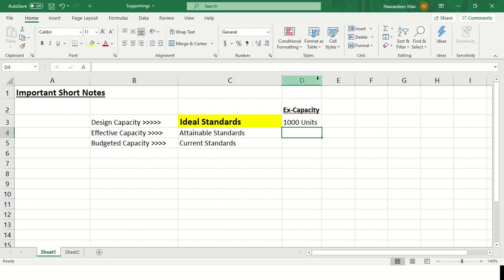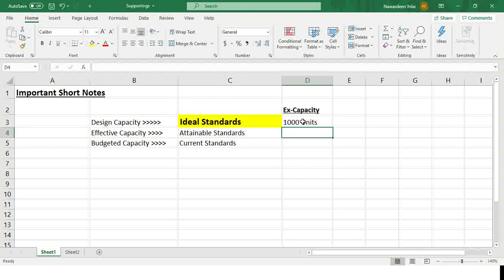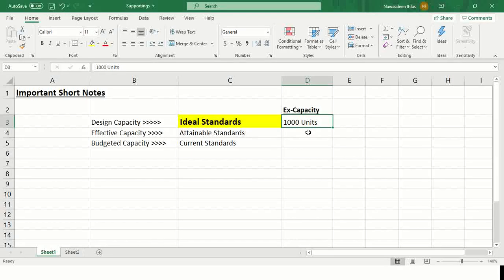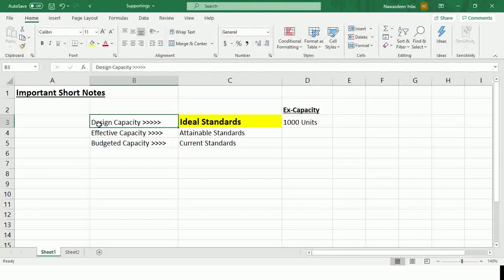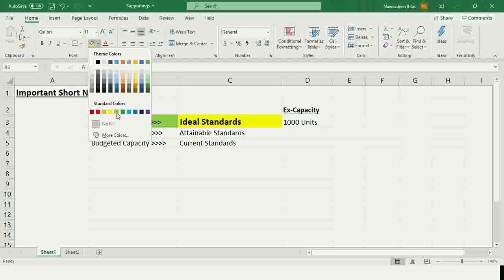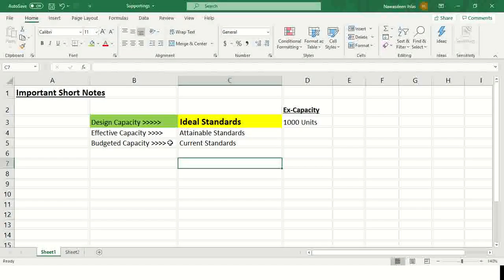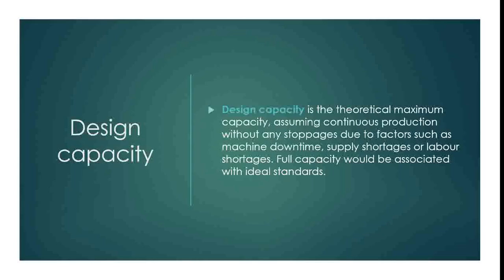So here 1000 units is our maximum capacity that we can achieve, which means we are using our ideal standards to produce this, which means this 1000 units will be our design capacity. So here remember we are using ideal standards.